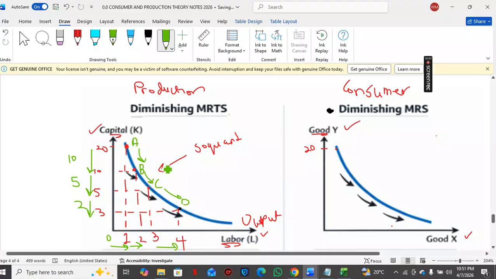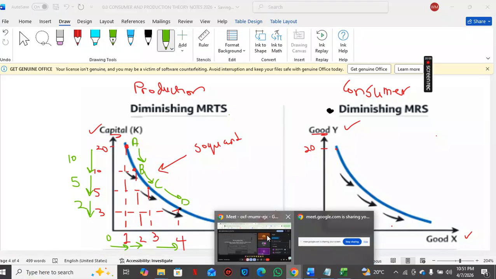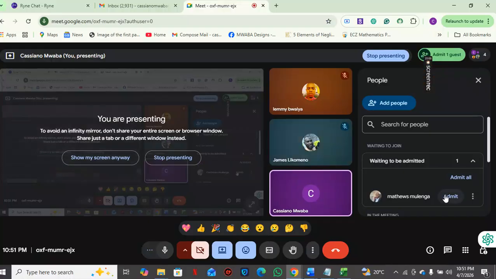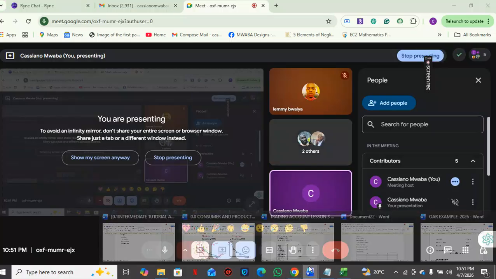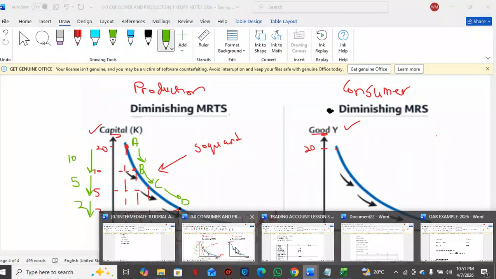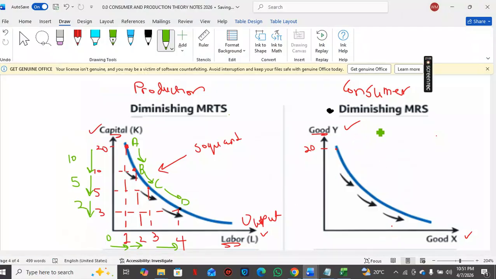So you're giving up less capital to get more labor. That is the diminishing marginal rate of technical substitution. You can also apply it to consumer theory. It's just that now it's good Y and good X.